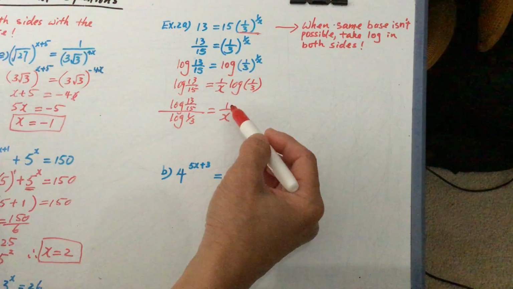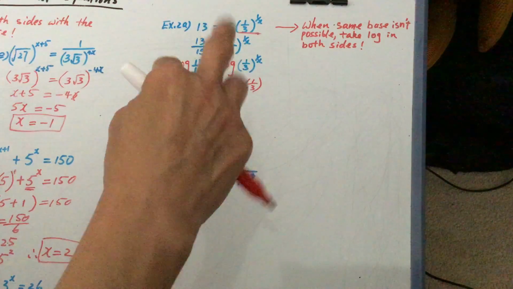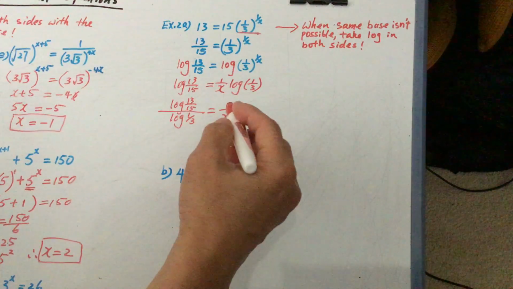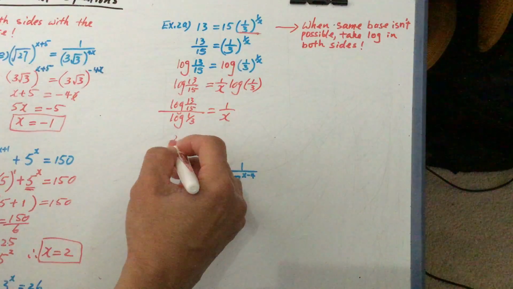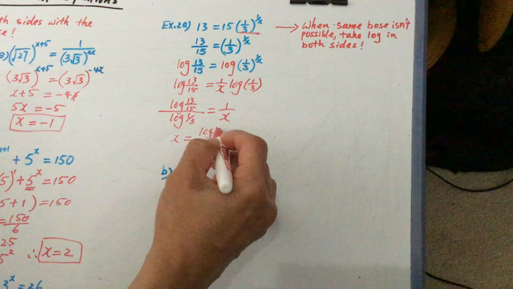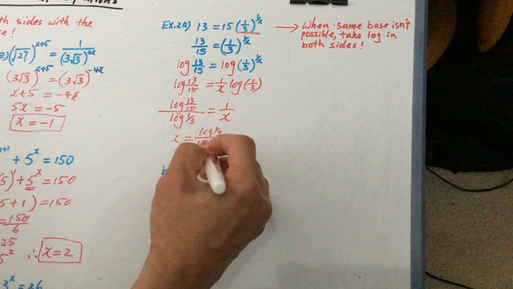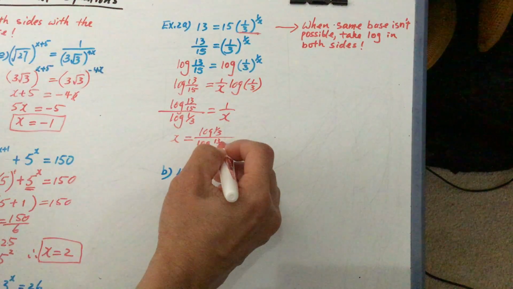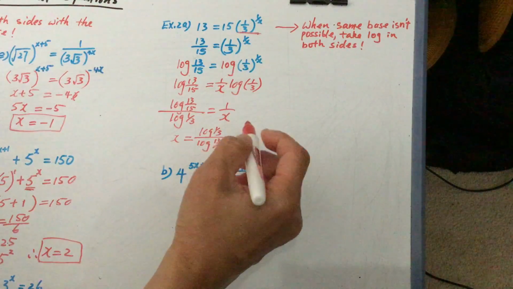But because I'm solving for x, I need to reverse everything. So x must be equal to the log of 1/3 divided by the log of 13 over 15 in exact form.